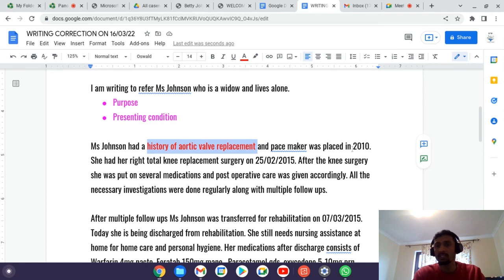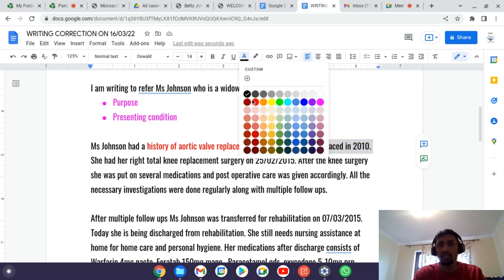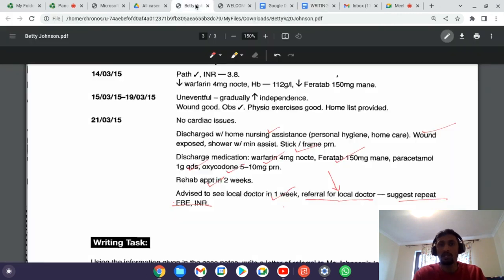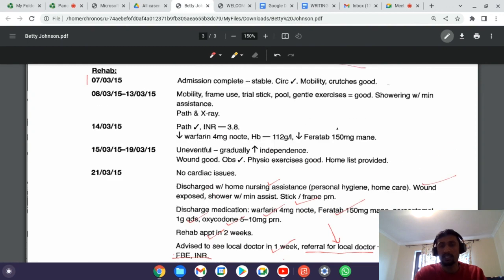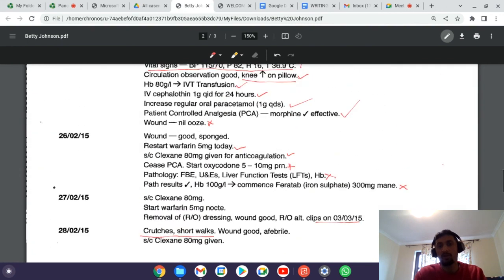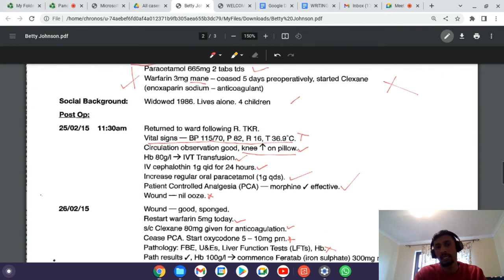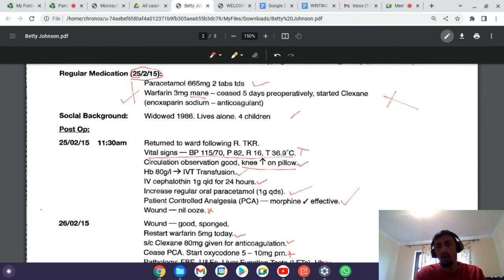The pacemaker in 2010, all these are histories. We don't need these histories because they are not relevant for this particular case note. What is relevant is that the patient was admitted on 25th February 2015 for a surgery.